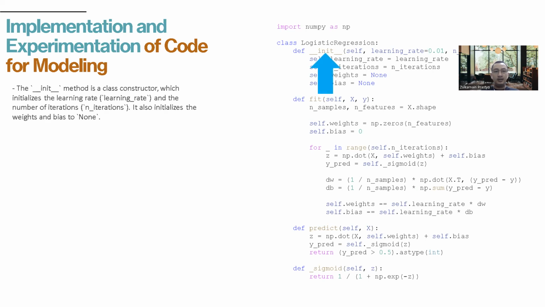The init method is the class constructor, which initializes the learning rate and the number of iterations. It also initializes the weights and bias to None.